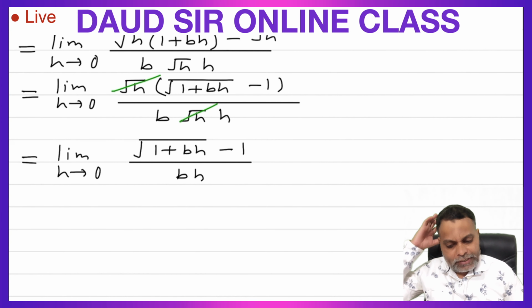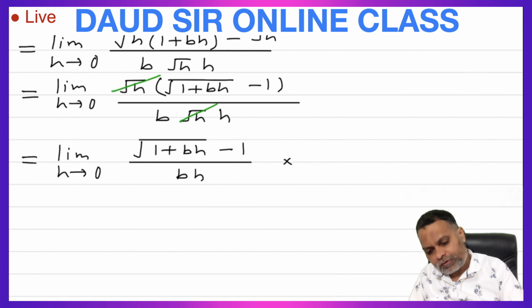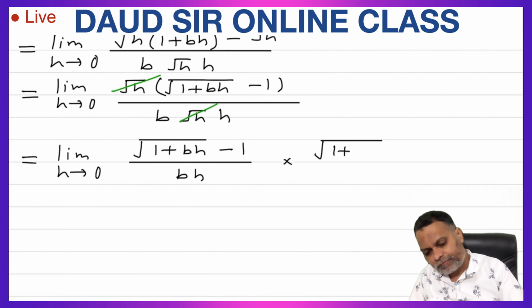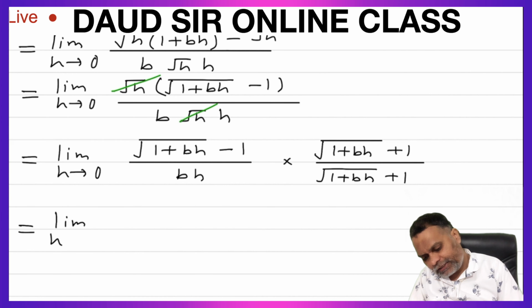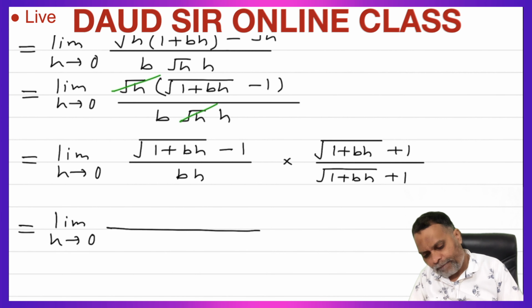Now we have to rationalize this. So rationalize the numerator. Multiply and divide by under root 1 plus bh plus 1, which is equal to limit h tends to 0.